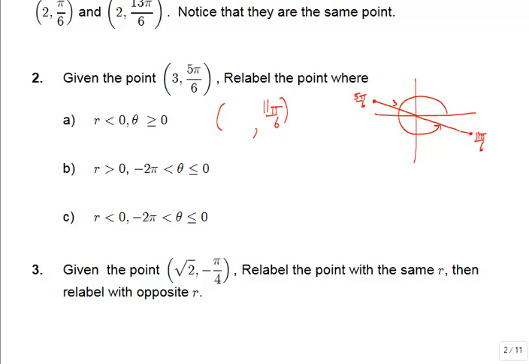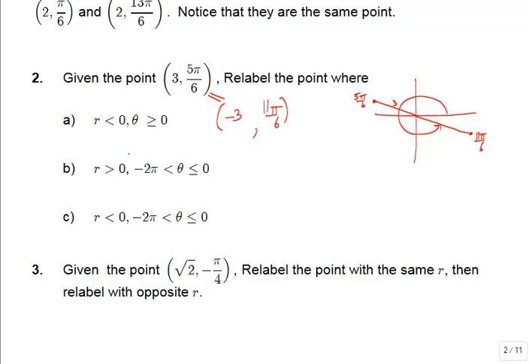But if I let my r be -3, then that would pop me back over to the opposite quadrant, quadrant 2. So in other words, (-3, 11π/6) is the same as (3, 5π/6). The angles are opposites, but so are the r's. So that's why they turn out to be the same.